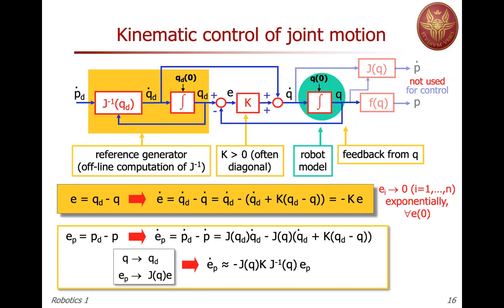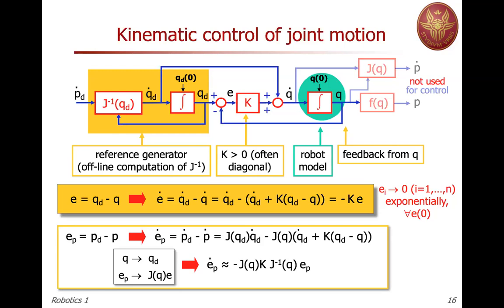So this is just saying that you can get rid of the first term with a part of the second term, and you are left with something which can be written in the following form. There's a minus sign, there's a Jacobian at the current configuration, times K, and similarly the error q_d minus q, an error in the joint space, so a displacement over time is a velocity.